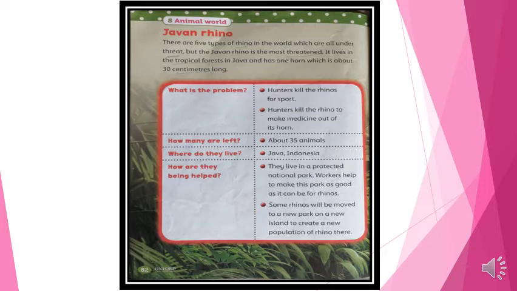So workers have created an ideal environment for the rhinos to live there. Some rhinos will be moved to a new park on a new island to create a new population of rhino there. So some of them will be moved to an island and the humans will be able to save rhinos from extinction by increasing their breeding rate.